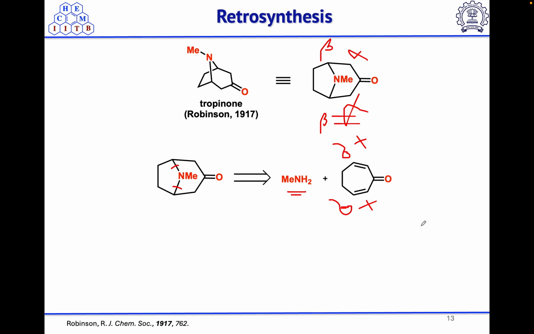The next is we need to do the retrosynthetic disconnection for this as well. So this is an alpha beta unsaturated ketone. Many times I have told you what we can do to get this alpha beta unsaturated ketone. Just think about what we can do.